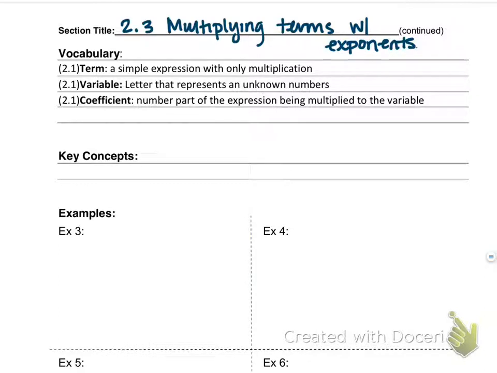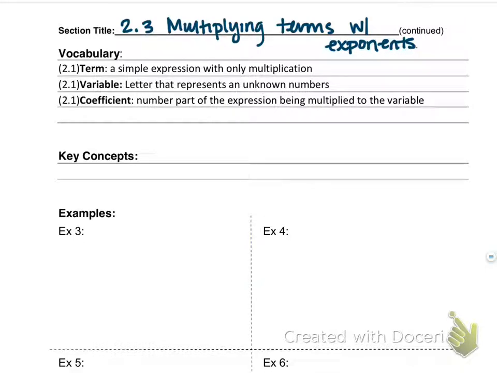And we've got some vocabulary here from our section of 2.1. So the idea of a term, so a simple expression with multiplication. A variable, which is a letter that represents unknown numbers. And the coefficient, so a number part of the expression that's being multiplied to the variable.